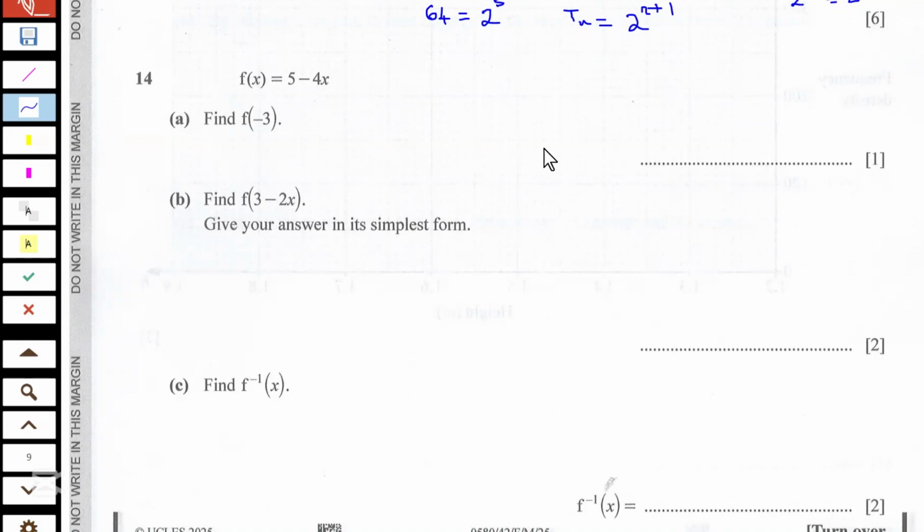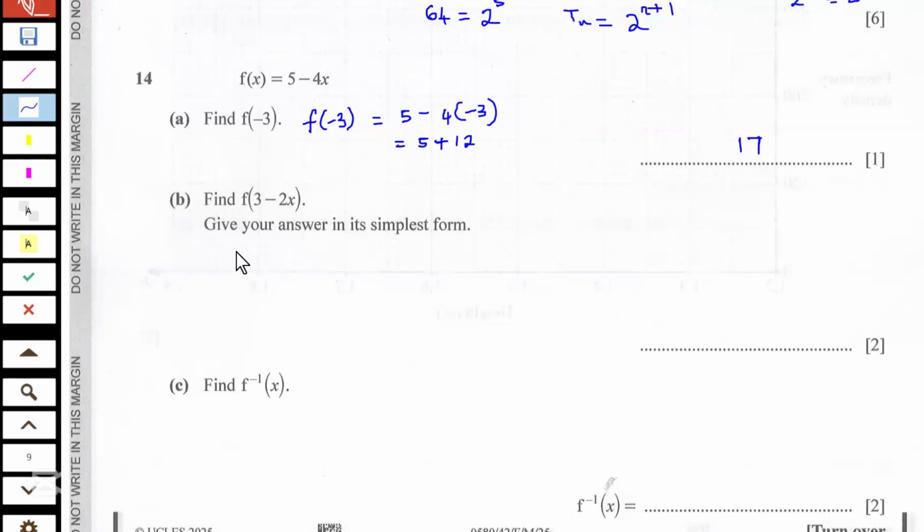So here we're going to write now f of negative 3 equal to 5 minus 4 times negative 3. So this becomes 5 plus 12, because negative 4 times negative 3 is positive 12. So 5 plus 12 is equal to 17. So the answer to this is 17.